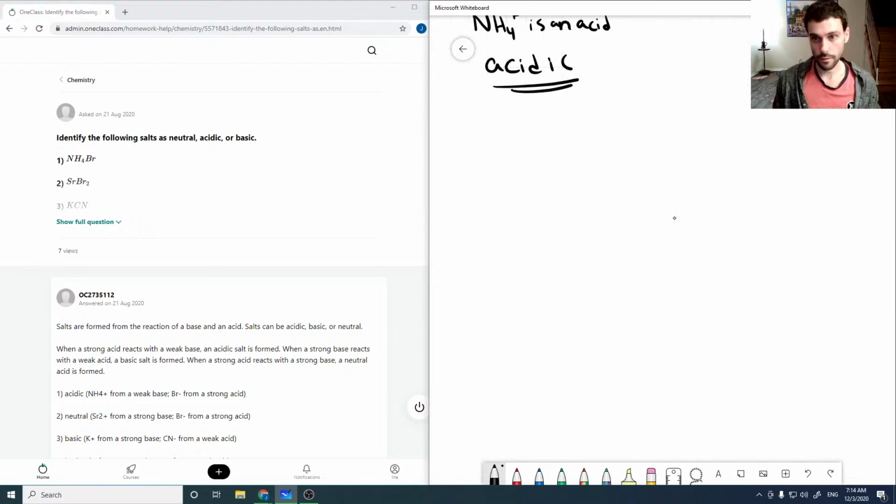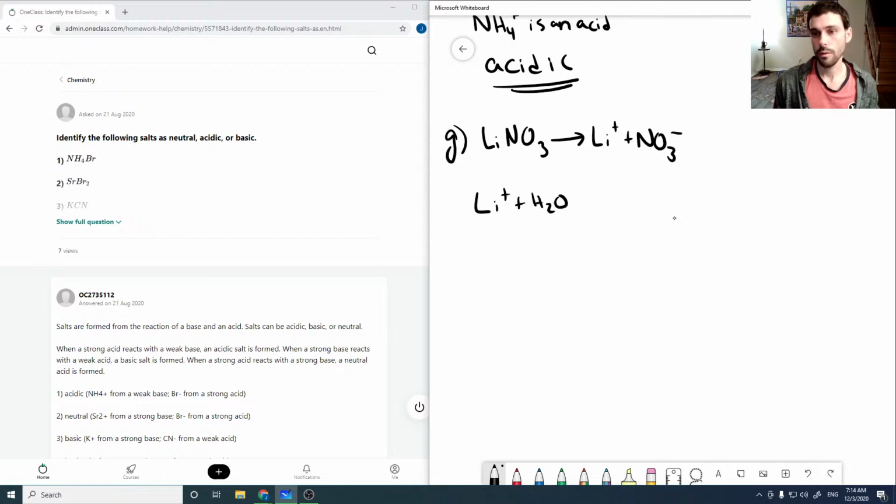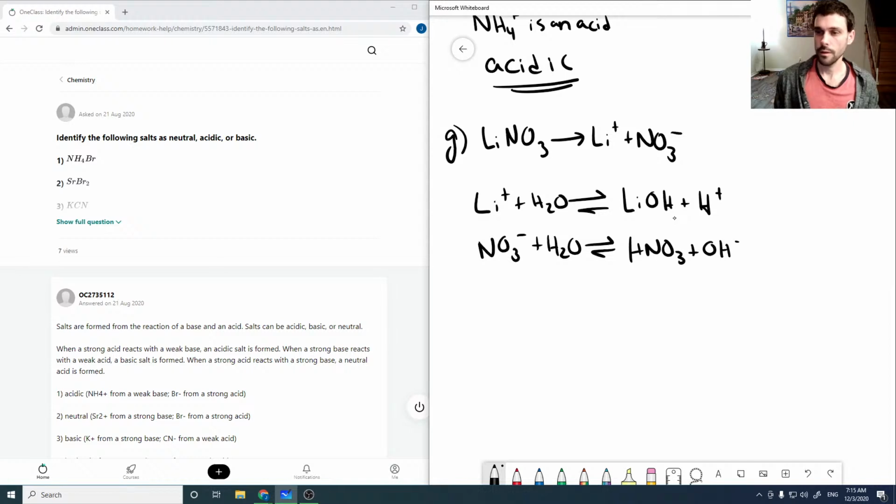Okay, and then the final salt is LiNO3, which completely dissociates into Li plus and NO3 minus. Here we have Li plus plus H2O going to LiOH plus H plus, and NO3 minus goes to HNO3 plus OH minus.